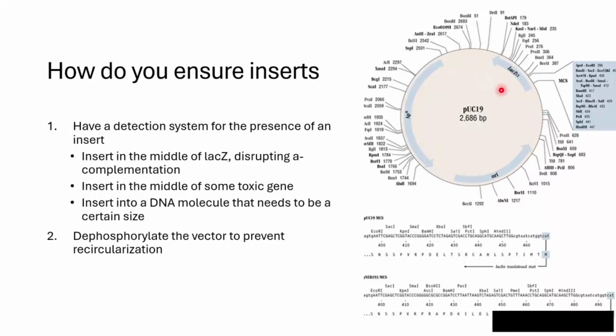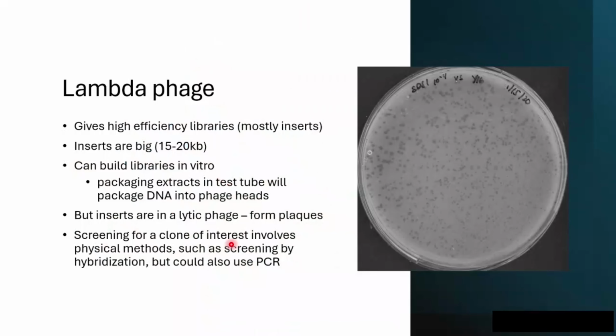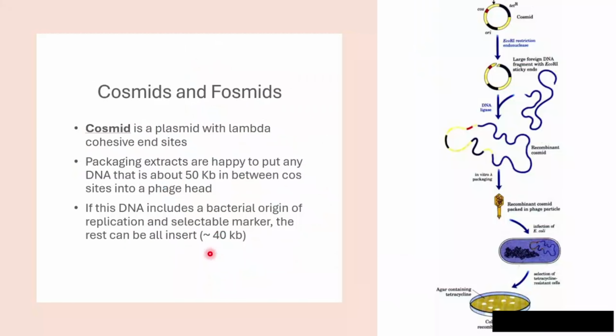Now you can insert your DNA and you have a selectable marker with it, which you didn't have in the phage DNA. And you have a bacterial origin of replication in it also. This allowed for bigger inserts because the plasmid's own DNA was not that much, and then you have 40 kb left. Cool? Easy?